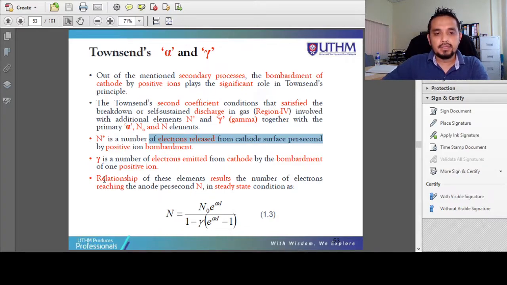And we can establish a relationship in which n is the number of electrons reaching the anode per second.